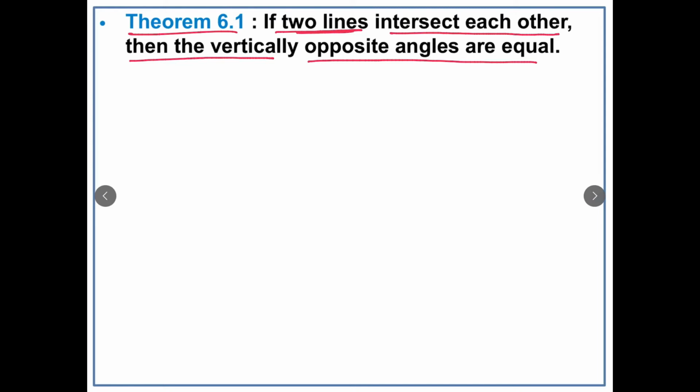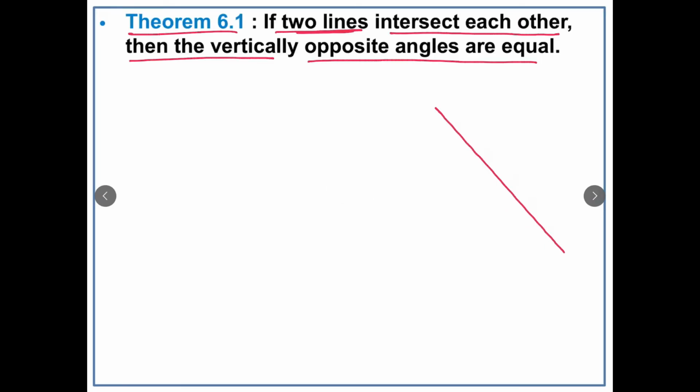So let's first draw the diagram, as the statement says, if two lines intersect each other. Let's draw two lines that will intersect each other at a point. So we have two lines like this. Let's name it A here and B here. Then we have this second line, C and D here.